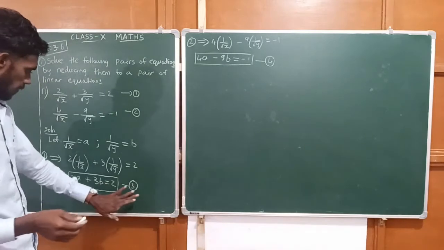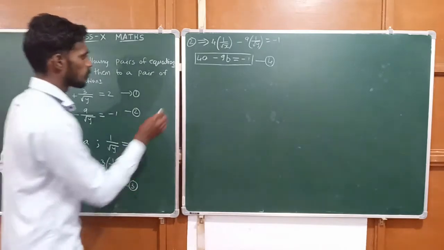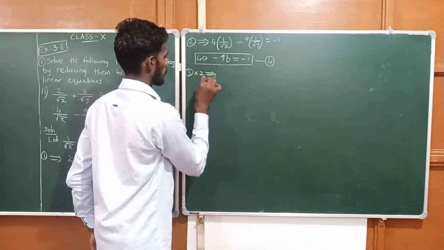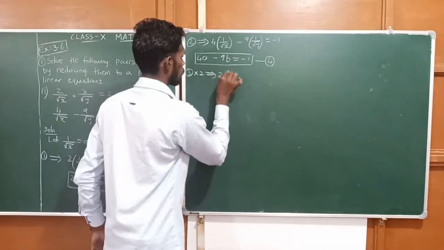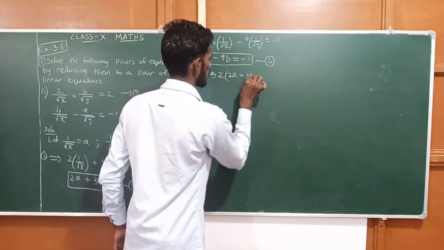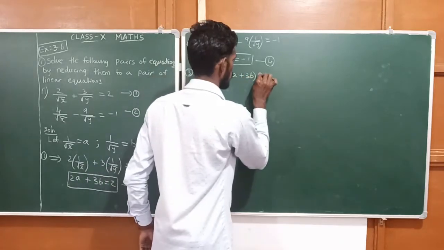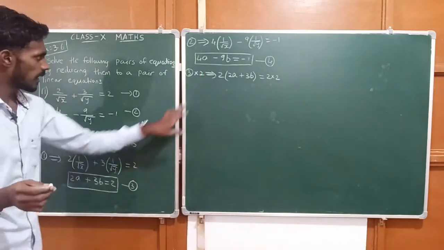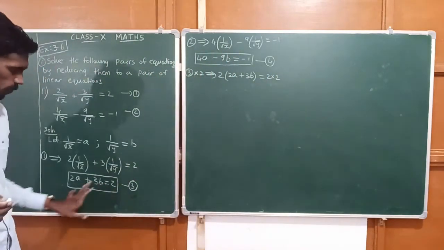So I am going to multiply the equation 3 by 2. So equation 3 into 2 gives 2 into 2a plus 3b is equal to 2 into 2. We are going to multiply equation 3 by 2 on both the sides.